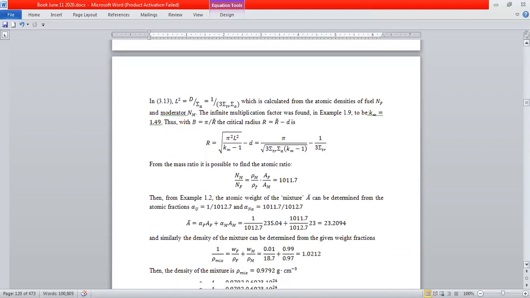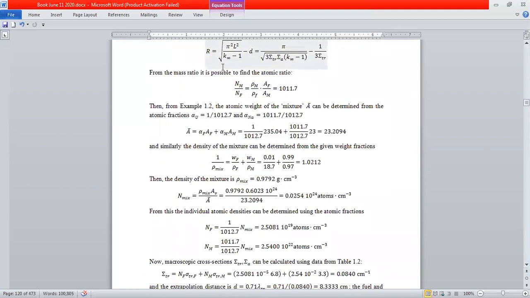Now let's put some numbers in, from the mass ratio. Now this was so important. Remember what I taught you? How do you calculate the atomic ratio? The number density of the moderator divided by the number density of the fuel is, because the Avogadro numbers cancel out, directly proportional to the gram density and inversely proportional to the atomic mass.